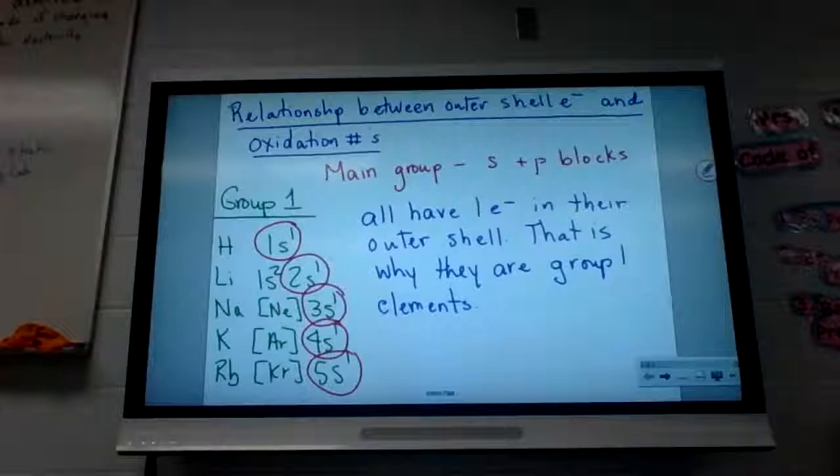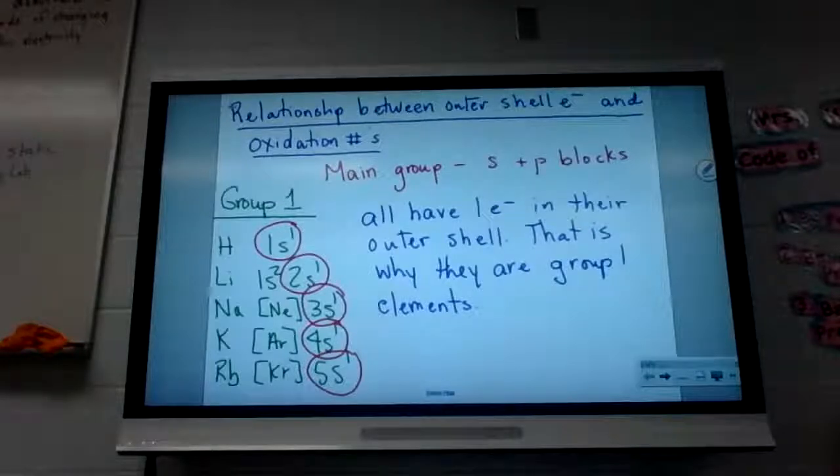Tell me now why hydrogen is in group 1 when it's a gas. It has 1 electron in the outer shell. It is that simple. Hydrogen has 1 electron in its outer shell. All elements with 1 electron in the outer shell are group 1 elements. No other group on the periodic table, no other element on the periodic table has 1 electron in their outer shell. That's why they're all in group 1. Are you with me on that?